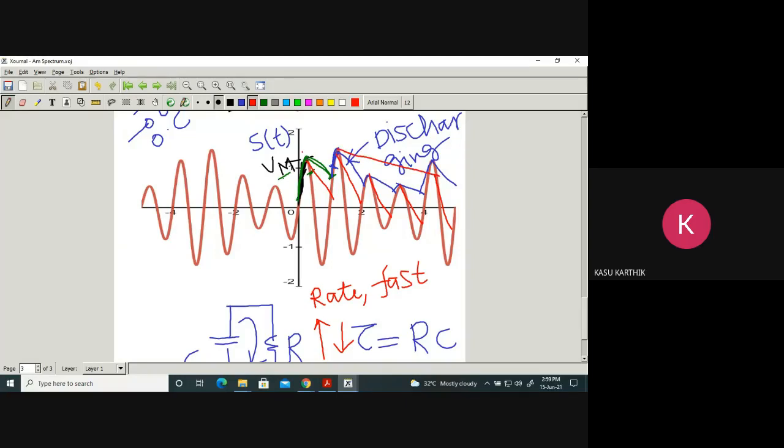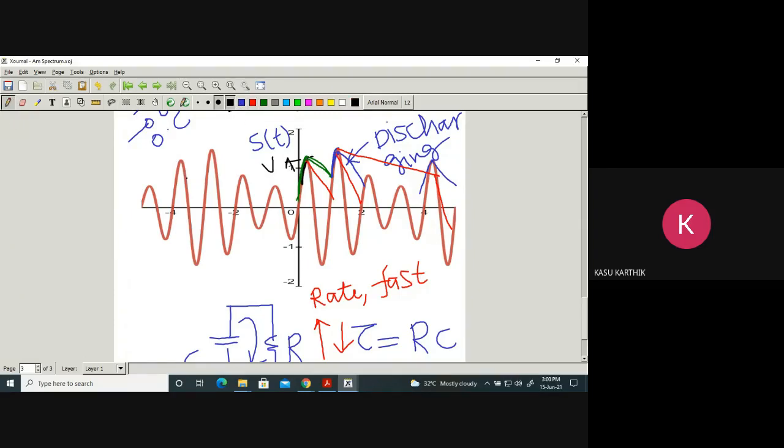So let me take this figure and explain here. Suppose the discharging time constant is small, which means it discharges fast.